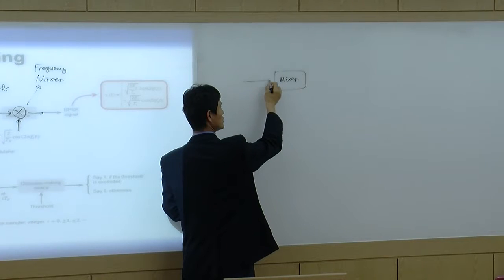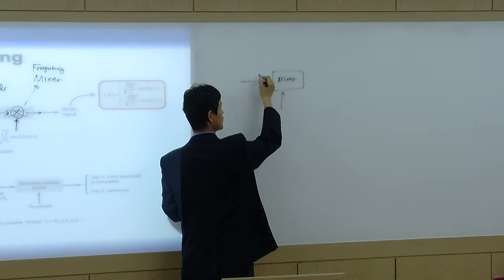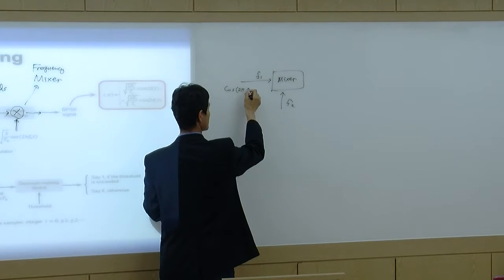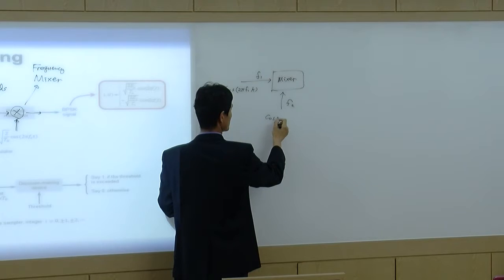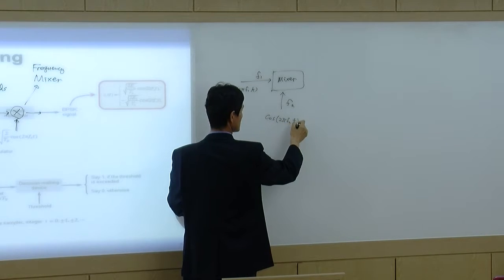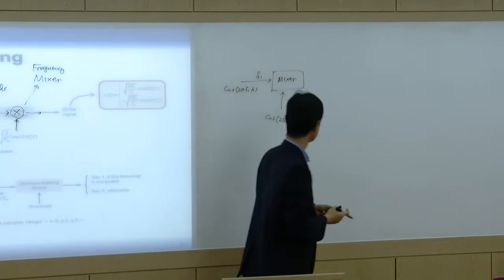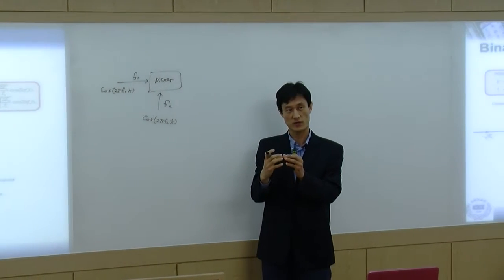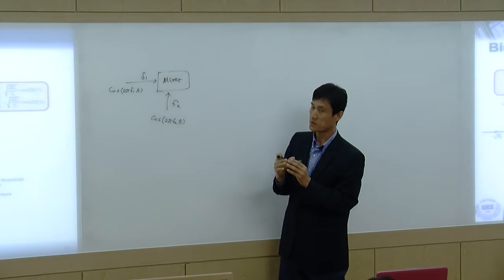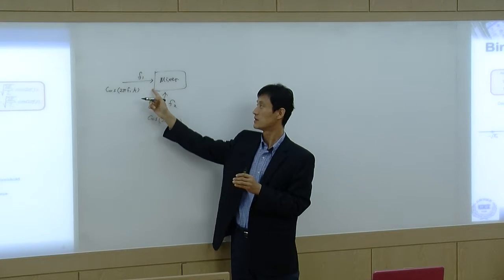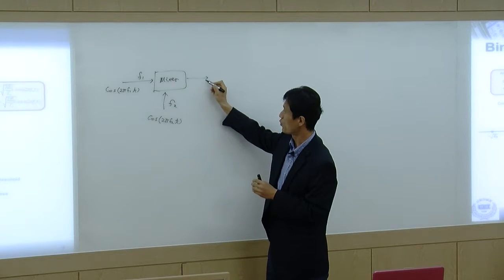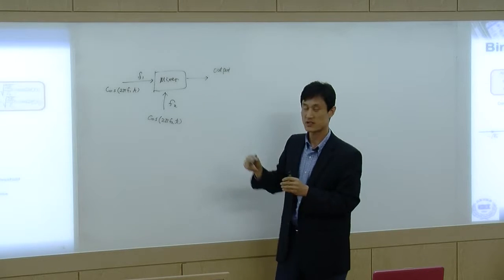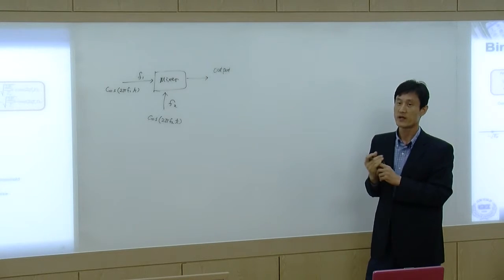A mixer gets 2 frequency inputs, like, let's say, cosine 2 pi f1 t and cosine 2 pi f2 t, just as an example. This is actual hardware, and the mixer always gets 2 inputs, and typically you have only 1 output. Sometimes you get 2 outputs, but generally 1 output.